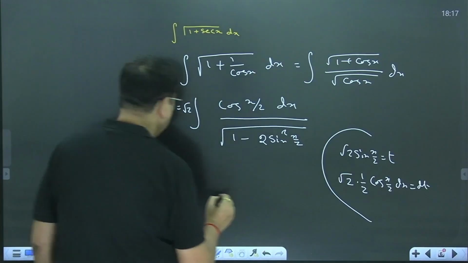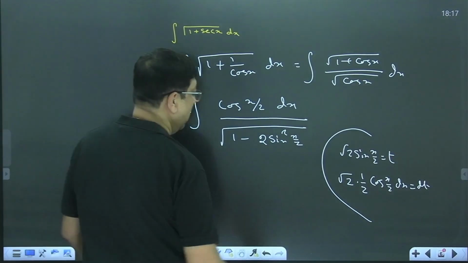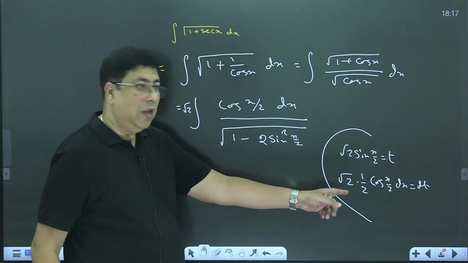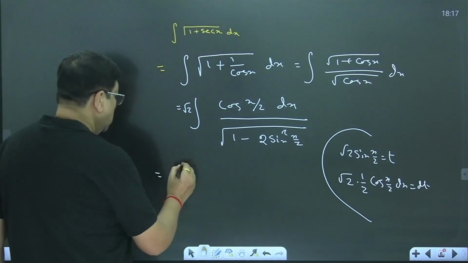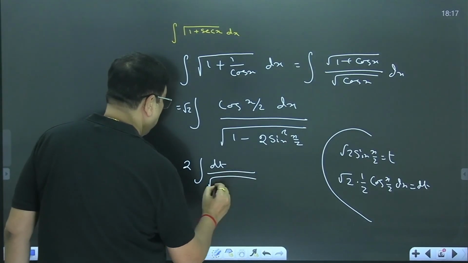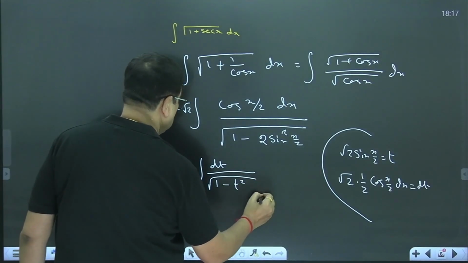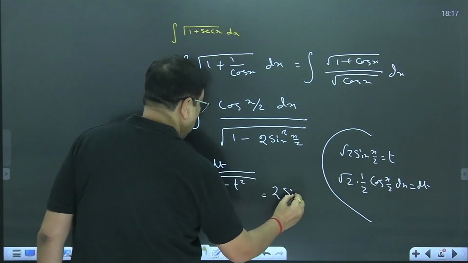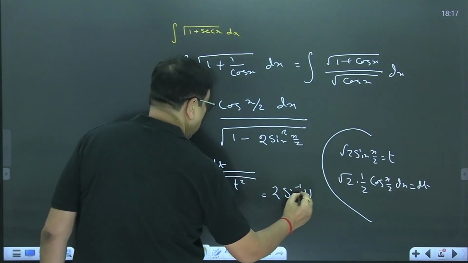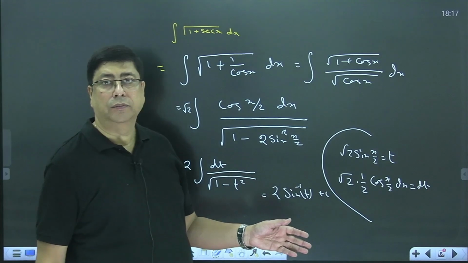Therefore root 2 cos x by 2 dx is coming to be 2 dt. So 2 dt by root over 1 minus t square. This is the sin inverse formula, sin inverse t plus c. Sum is over. I will put the value of t.